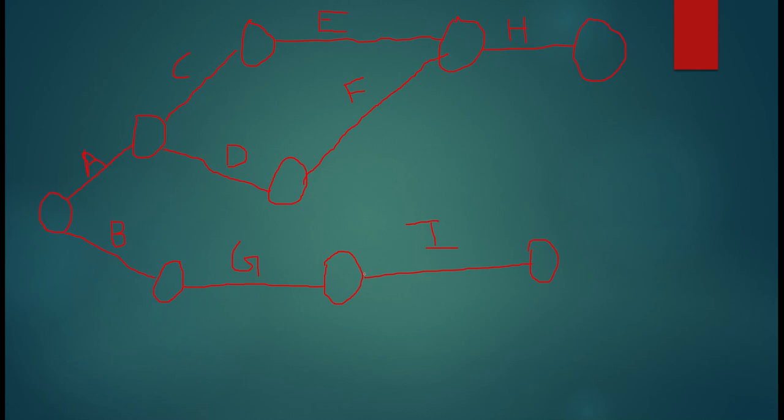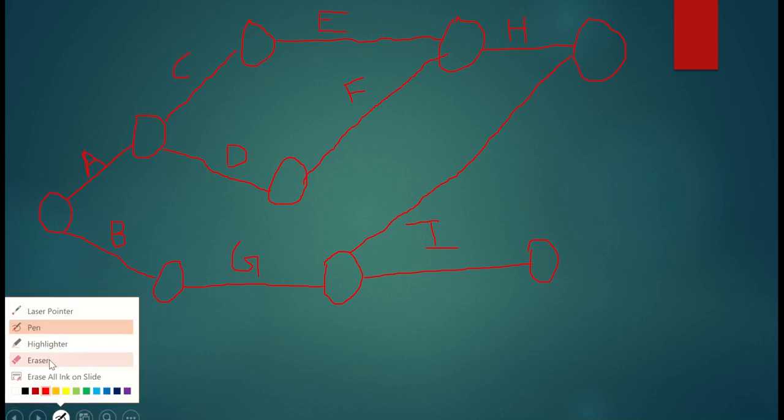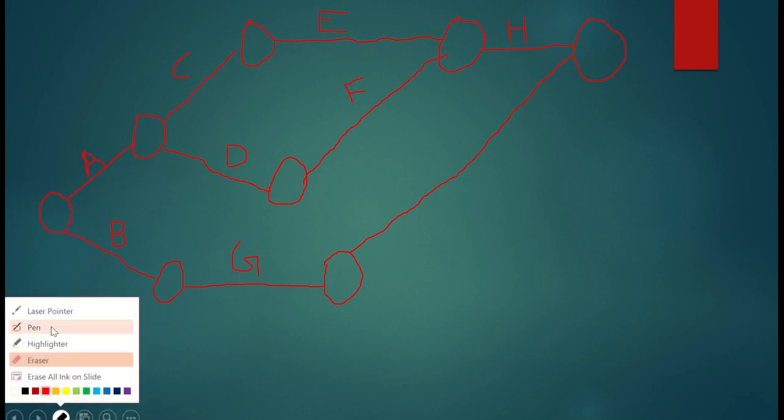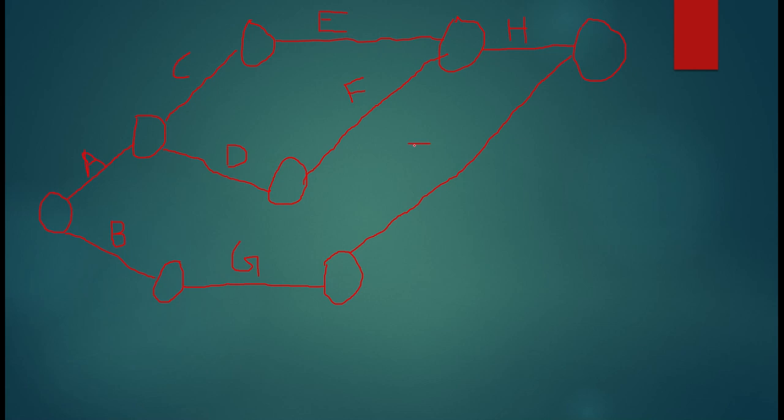So, to avoid confusion, I'm going to end I like this here, because this is the last activity. I cannot leave my network with two ends, right? So, I'll just erase it. So, this is I. This is activity I.